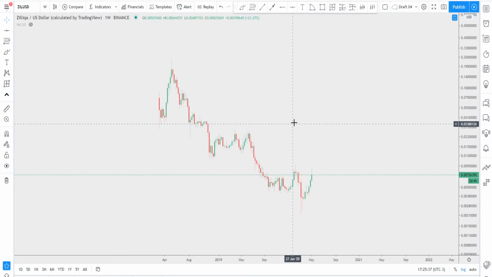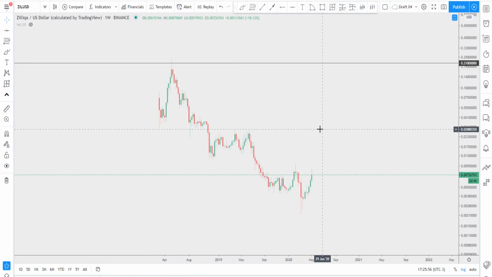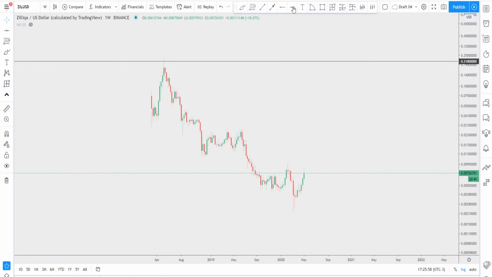Let me see. Oh, okay, we had 20 cents. Forgive me, let me check the number here, because I can forget the zero. Okay, so this is our first key level.